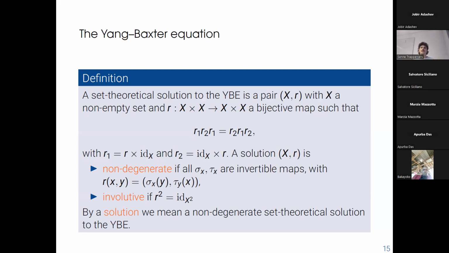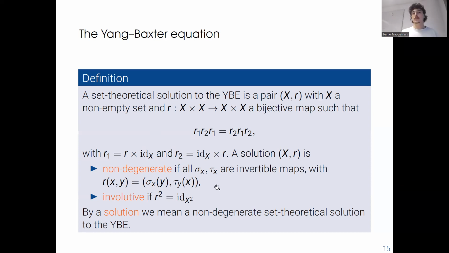So what does non-degenerate mean? This means that the sigma_x and tau_x, which are defined in this way here, should be invertible. So especially in light of the action that we had earlier, how should one think of this? Well, in some sense, one of the generators of your braid group acting is going to twist the two strands.